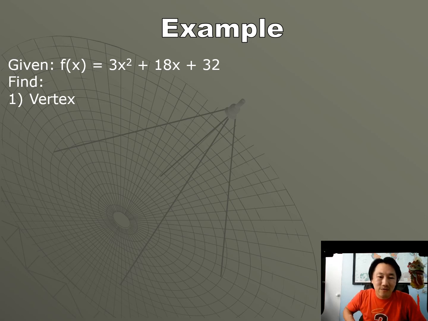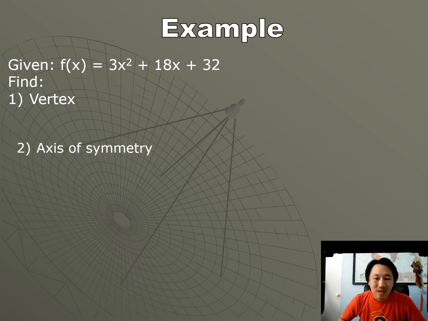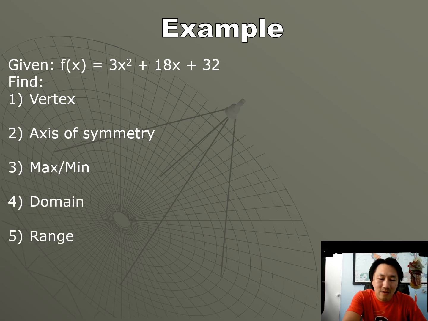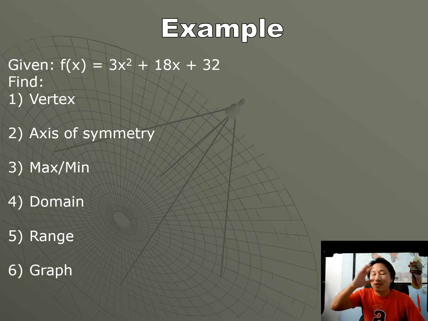First thing I want you to do is find the vertex, and then find the axis of symmetry. Find if it's a max or a min, the domain, and the range. And you have to graph it. That's everything we've learned so far. So it's kind of exciting.